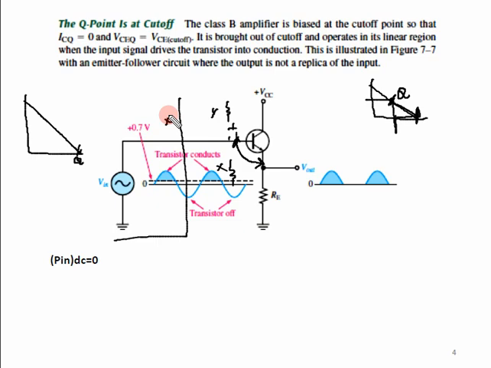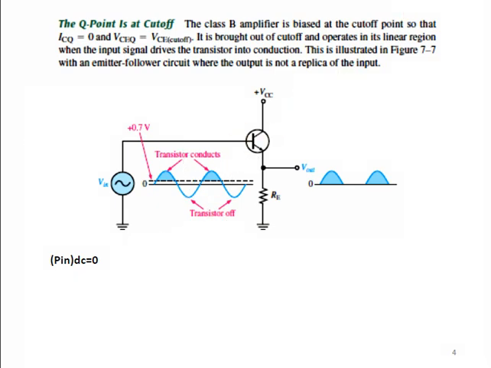Now if you apply the signal in the class B amplifier case, the input signal goes into the amplifier, which was in cutoff at the Q point.